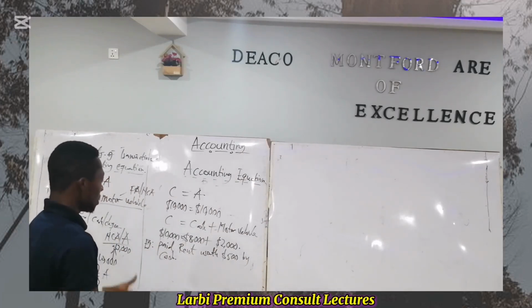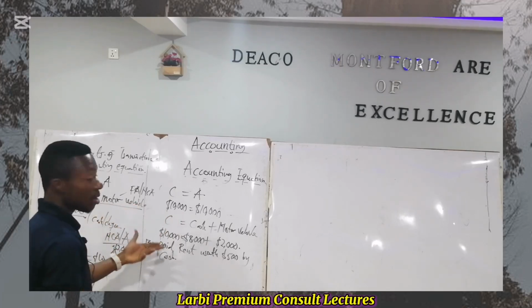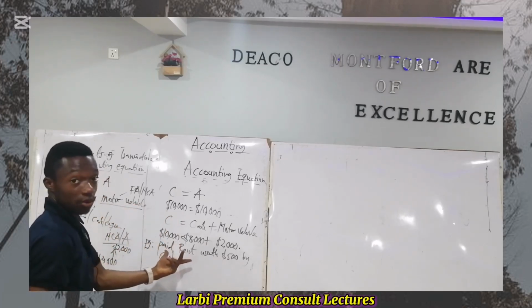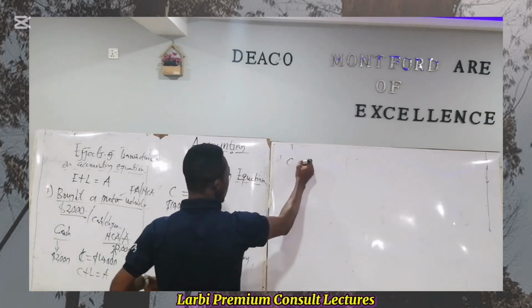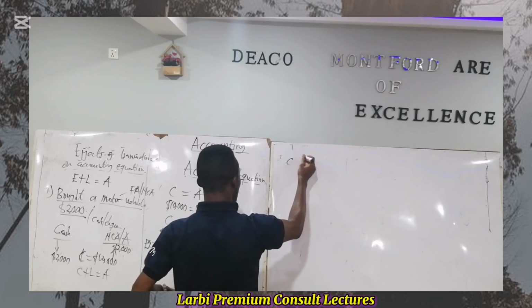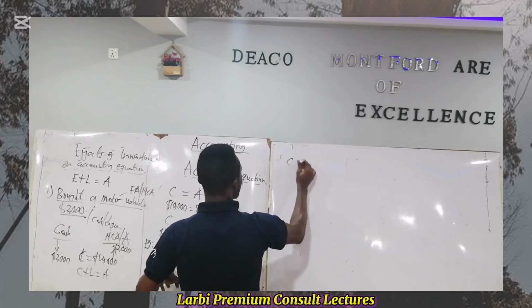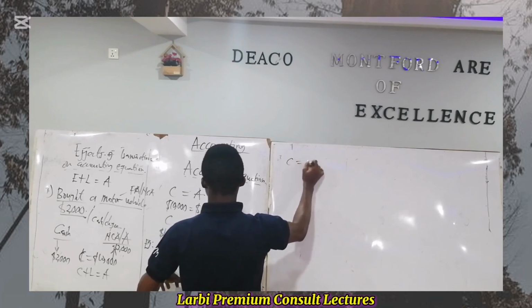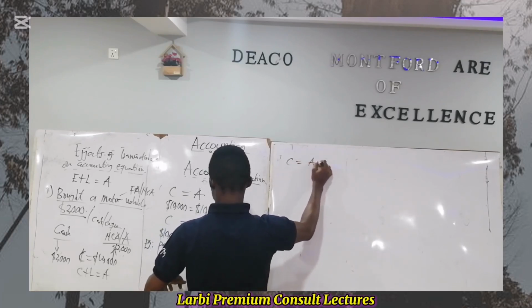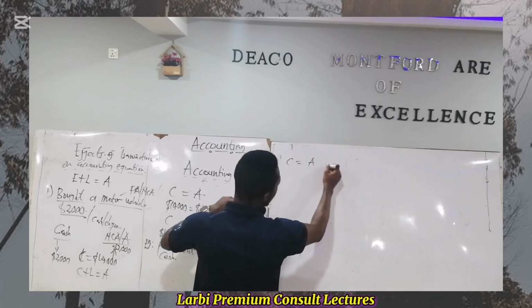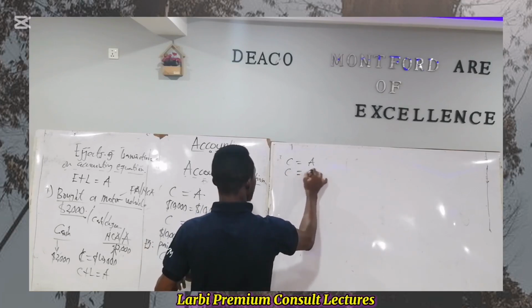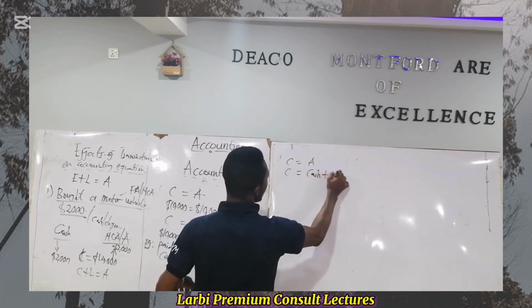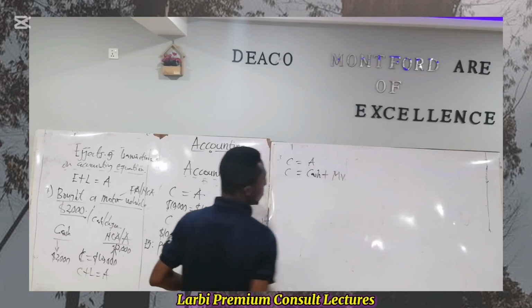Now, using what we have built here, just follow it. We know that our capital at the start is equal to the asset breakdown, so capital is equal to cash plus motor vehicle.